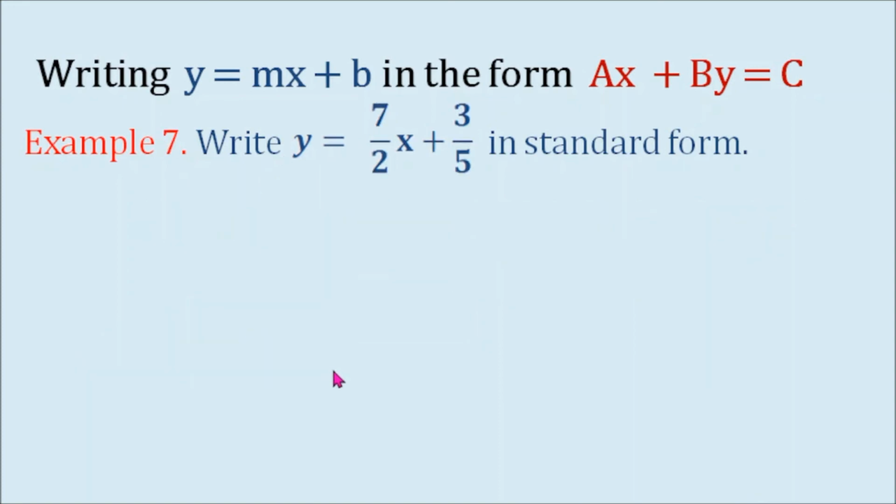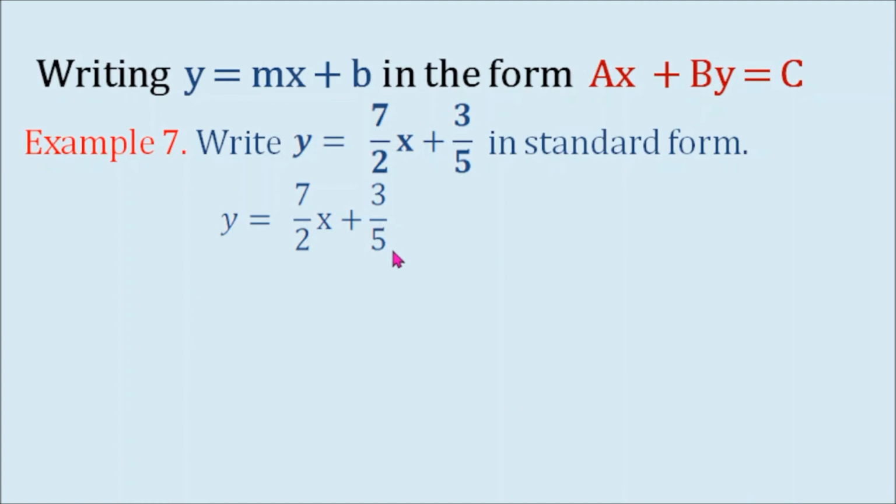Example number 7: write y = 7/2 x + 3/5 in standard form. Again, all terms with x and y should be on the left side of the equation. But first, we are going to get rid of fractions. So our denominators here are 2 and 5. And we are going to get the LCD, or the least common denominator.